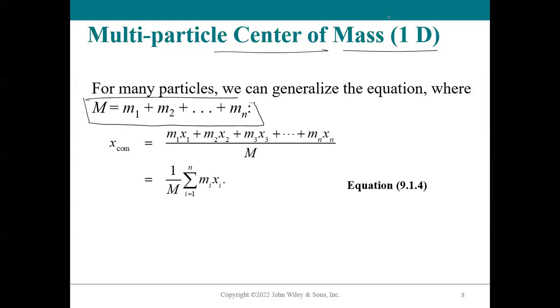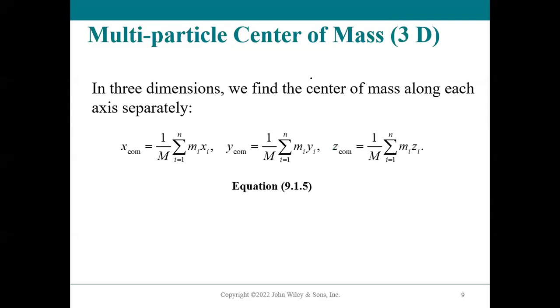So in one dimension, we only focus on the x-axis, for example. In general, in 3 dimensions, we find the center of mass along each axis separately. So x center of mass, we can say that 1 divided by the total mass, and similarly y center of mass and z center of mass.